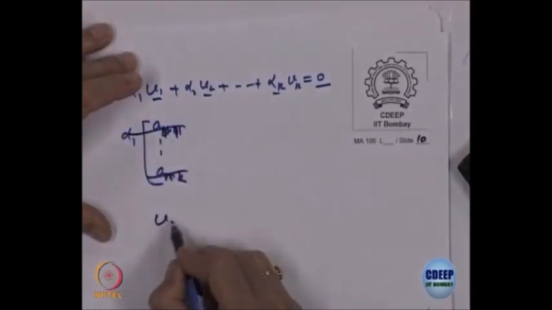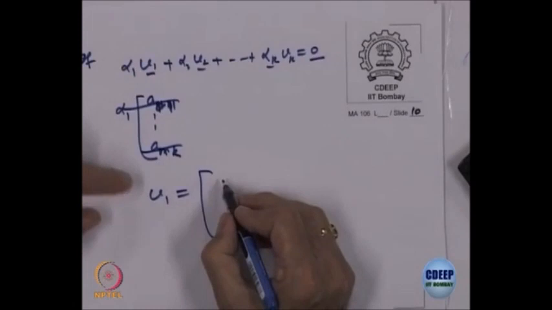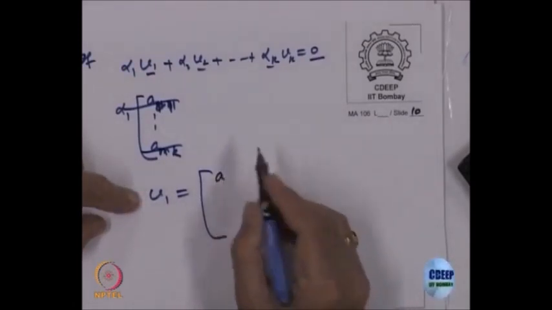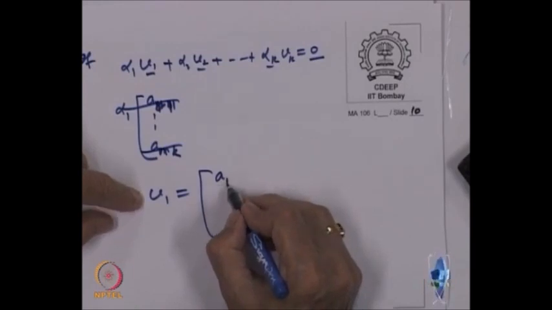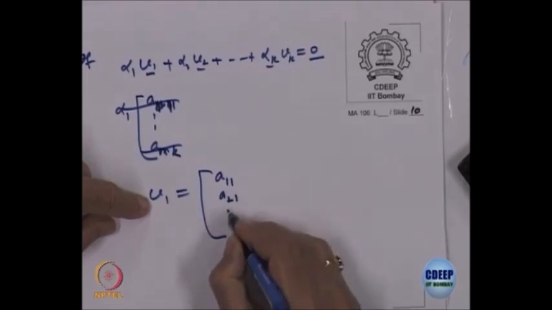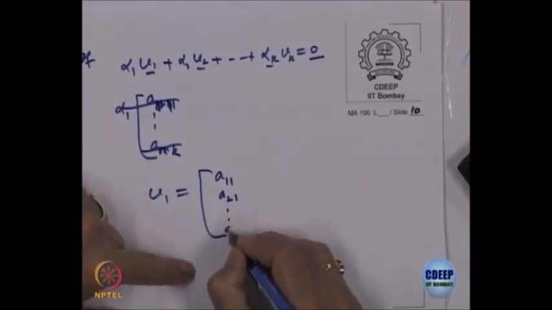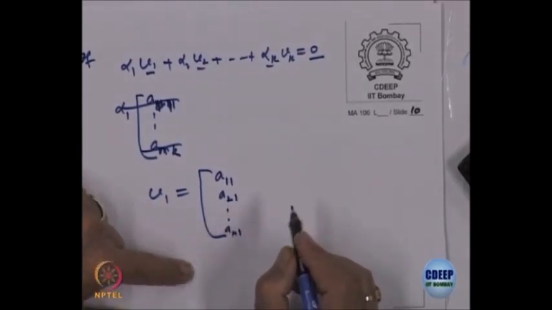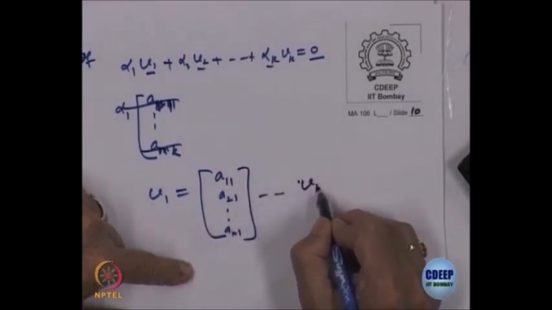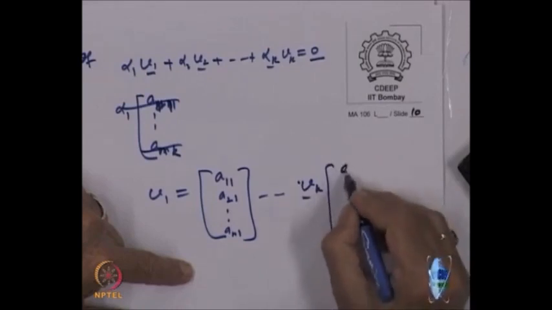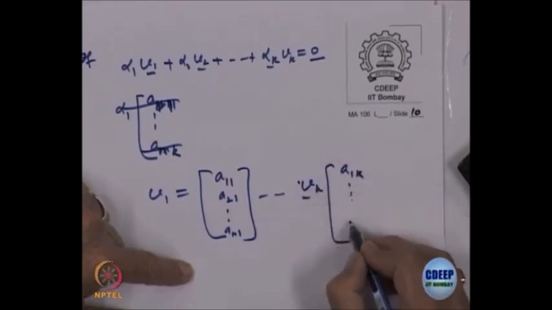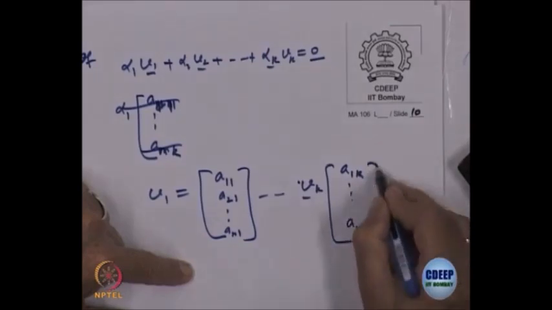Okay, let us write what V 1 is. This is the first component of V 1, so we write as the first row A 1 1, second row A 2 1, and we have got n, so A n 1. And V k will be A 1 k down to A n k.